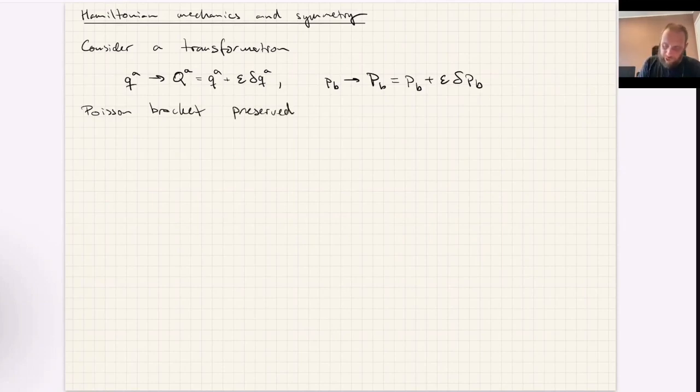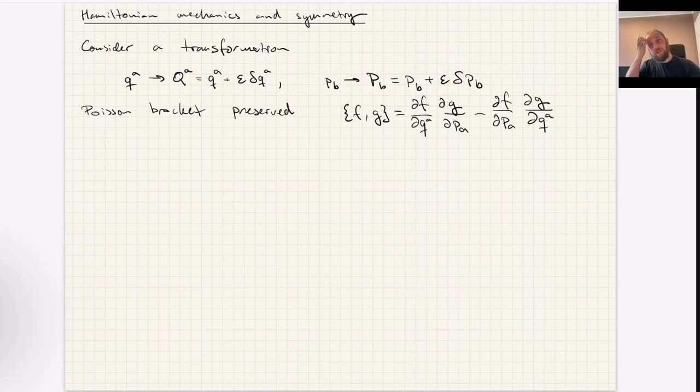So if you remember the Poisson bracket, if we have two functions f and g, that's essentially the derivative of f with respect to qa, the derivative of g with respect to pa, minus the derivative of f with respect to pa, the derivative of g with respect to qa.